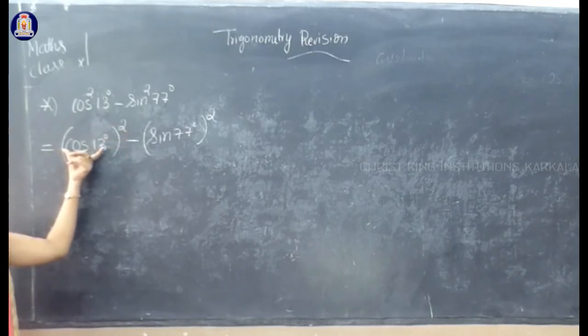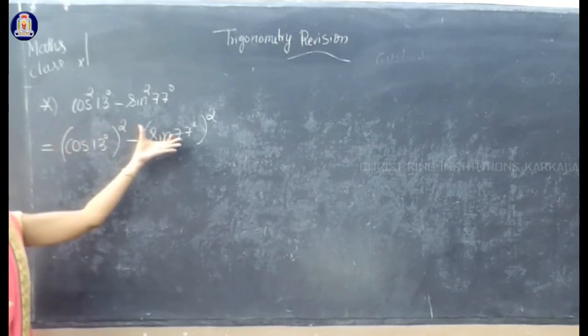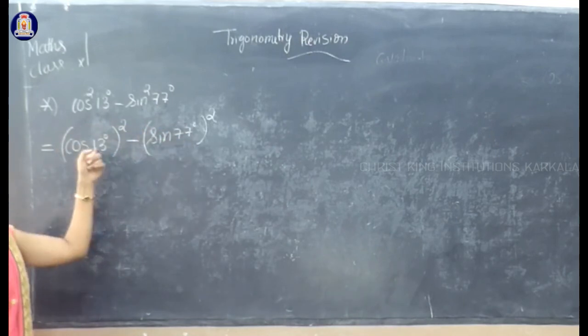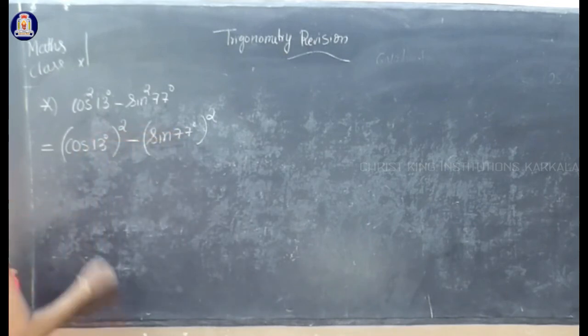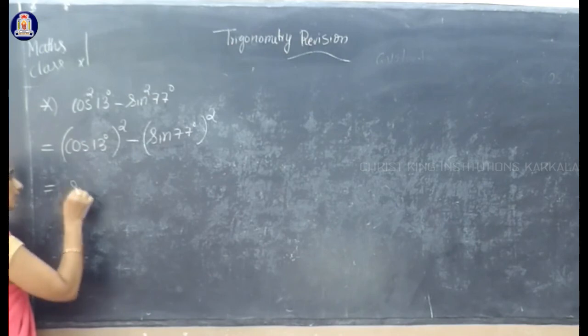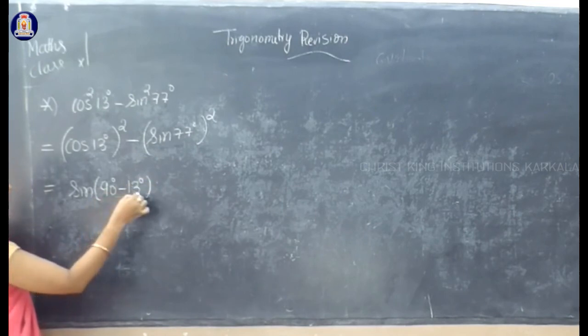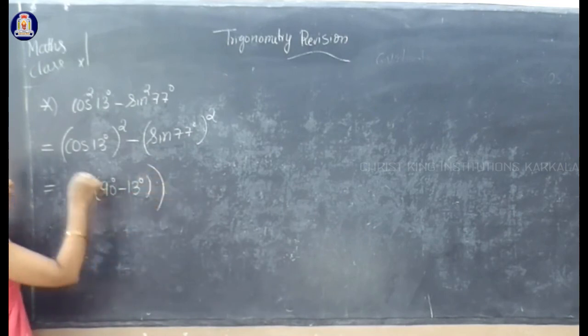Now cos 13, sin 77. Either change this one or this one with respect to the complementary angle. So I change this one, cos A. Cos A is what? Sin of 90 minus 13, whole square.